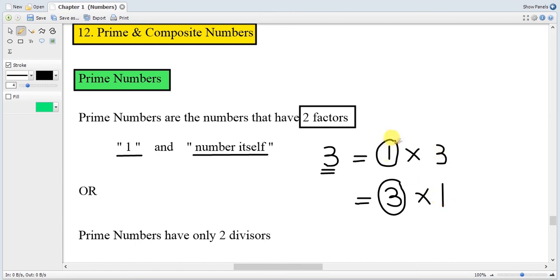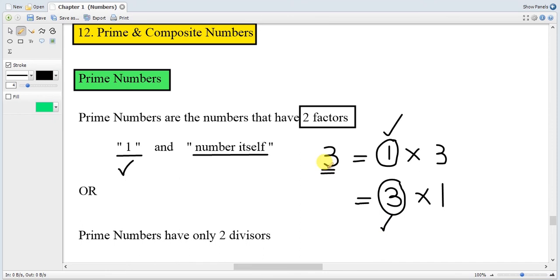In the first case we took 1, in the second case we are multiplying with 3. So 1 times 3 gives 3 and 3 times 1 gives 3. So what two numbers are the factors? The number 1 and the number itself. If you're taking number 3, the number itself would be 3.